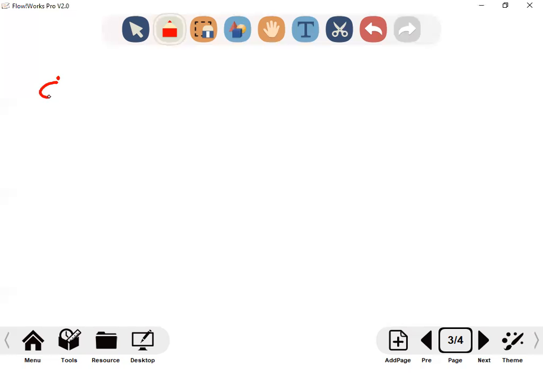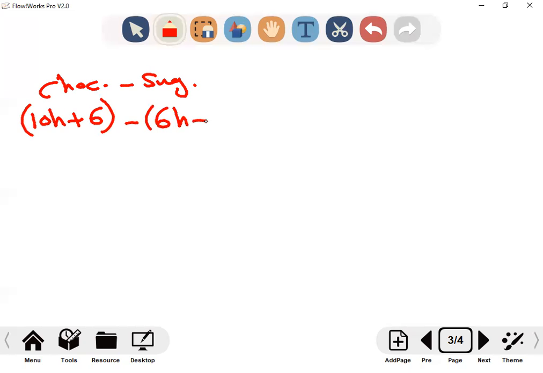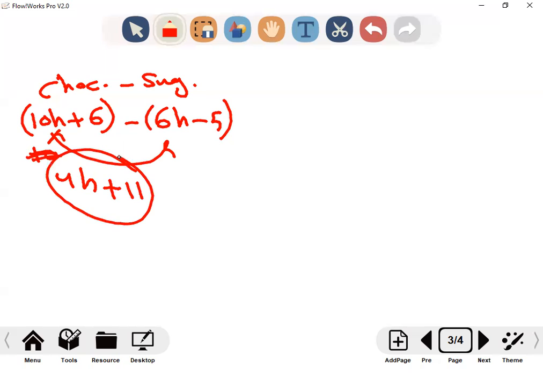Let's make it a subtraction. Chocolate is 10H plus 6, minus the sugar, which is 6H minus 5, right? Subtract: 10H minus 6H is 4H, and 6 minus 5 is 1. So 4H plus 1.